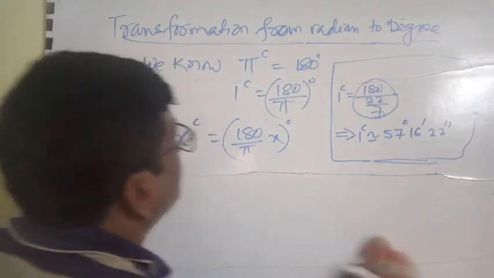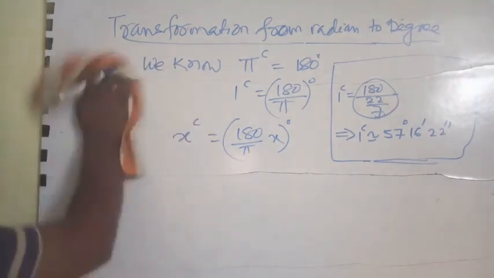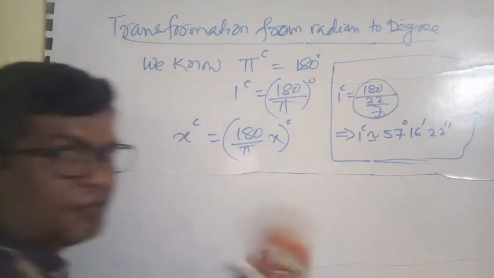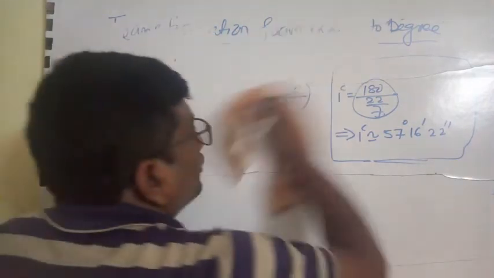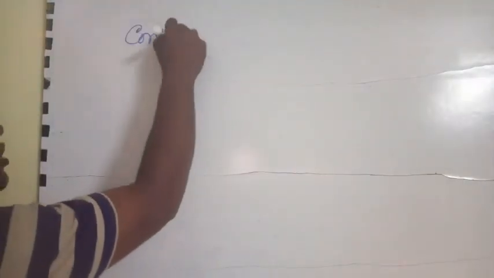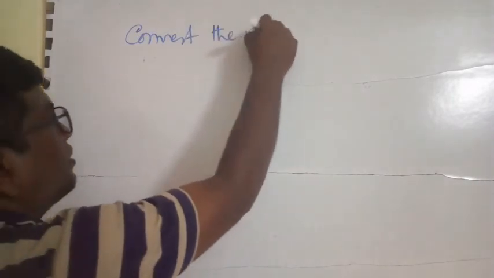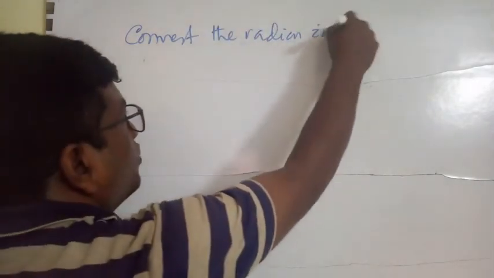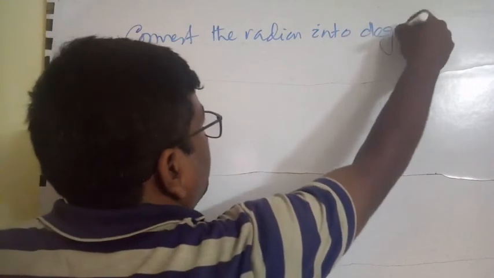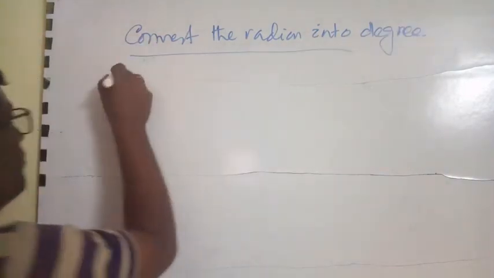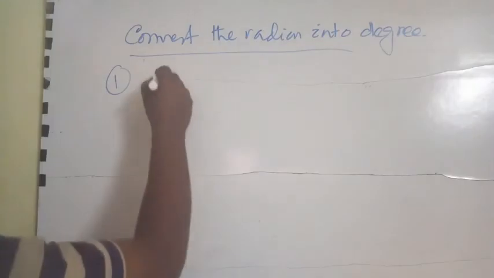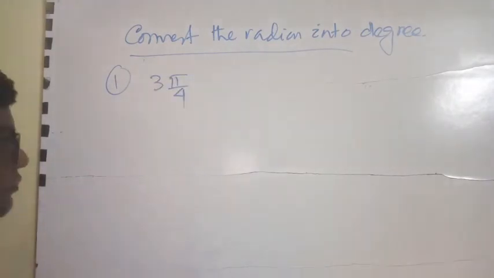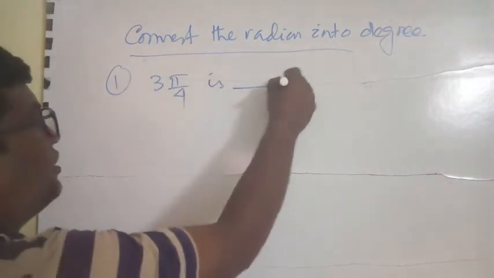Some examples. Convert the radian into degree. Question number 1. Suppose 3 pi by 4 is dash degree.